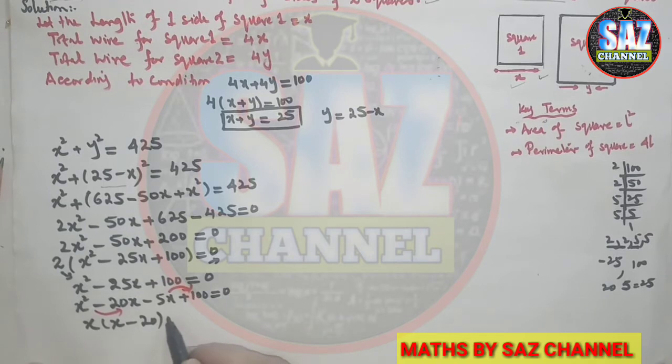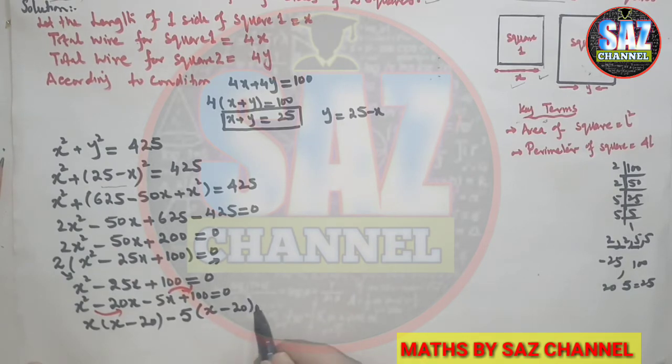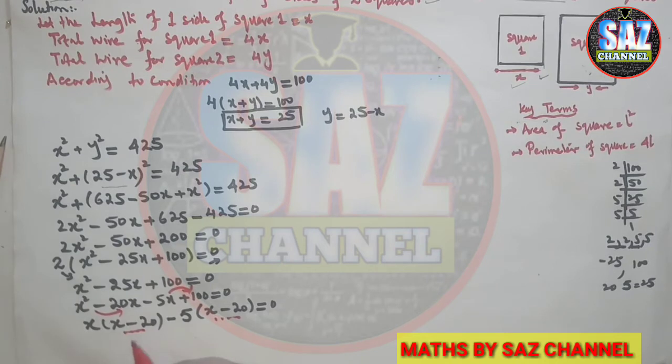Coming to the second group, take minus 5 out as a common factor, and inside the bracket I am left with x minus 20 equals to 0. Now look, this x minus 20 is the common group. Extract it out, pull it out. x minus 20 into x minus 5 equals to 0.